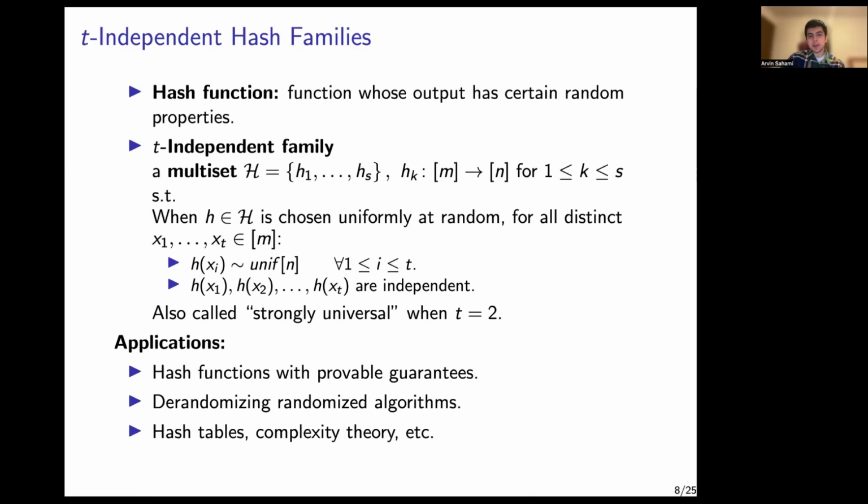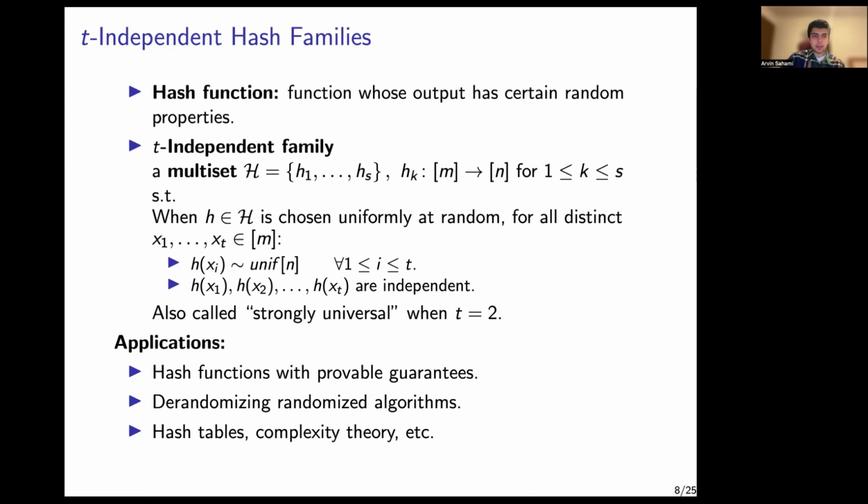And a t-independent family is a more specific notion, which is a multiset, big H, of a bunch of mappings of a domain, like 1 through m, to a codomain 1 through n, which satisfies the following property.